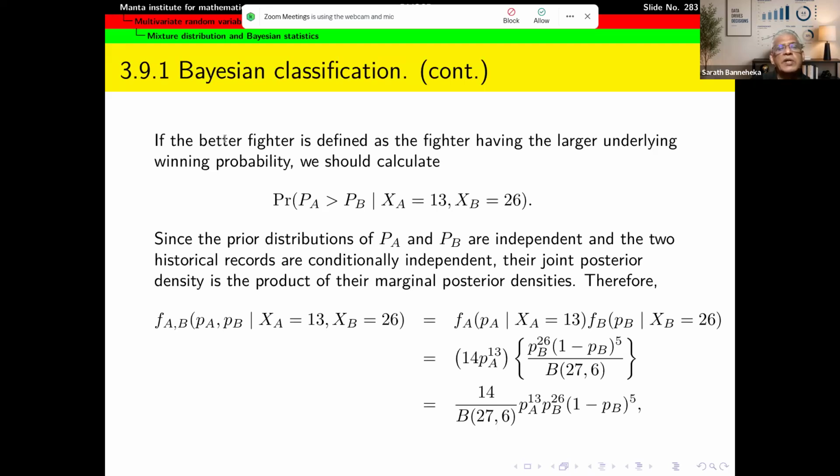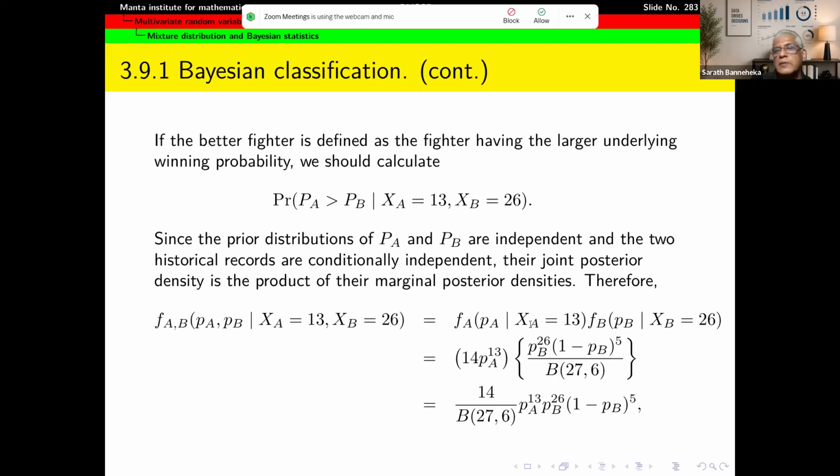If the better fighter is defined as the fighter having the larger underlying winning probability, we would calculate this probability. In order to calculate it, we need the joint posterior probability density function of PA and PB. We know the individual posterior distributions, and we know that PA and PB are independent.